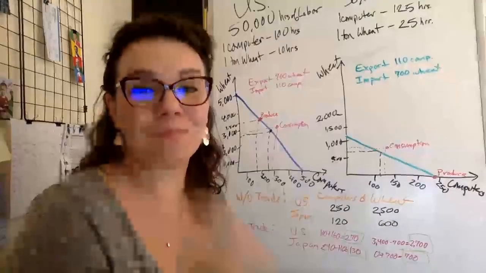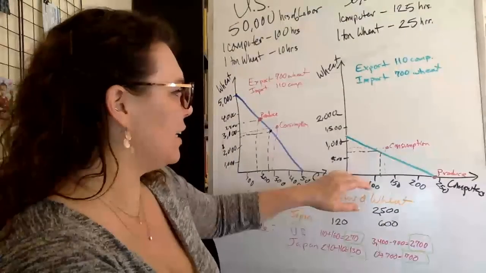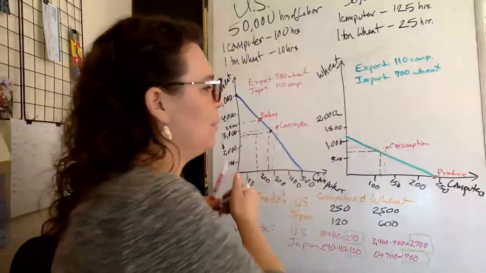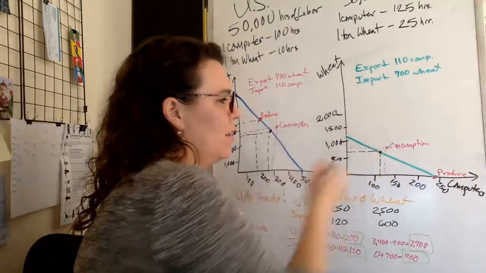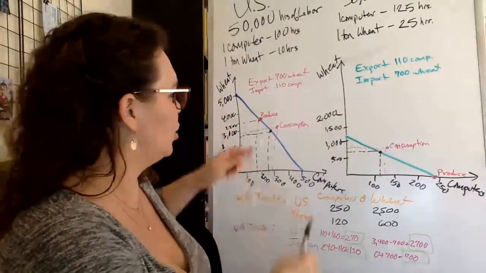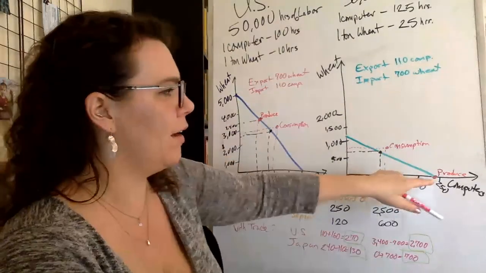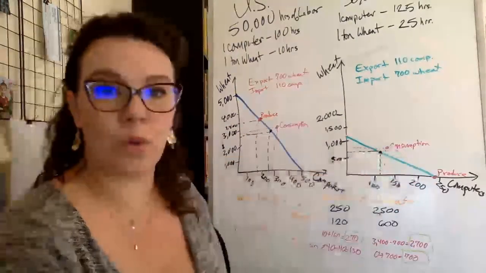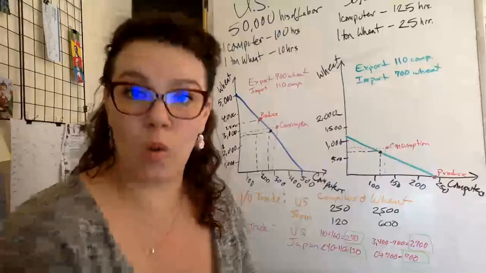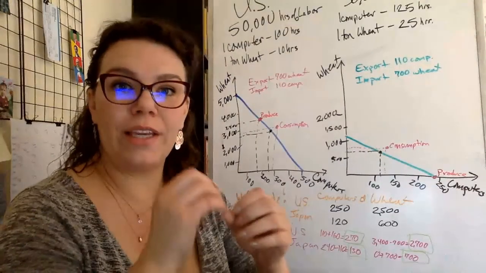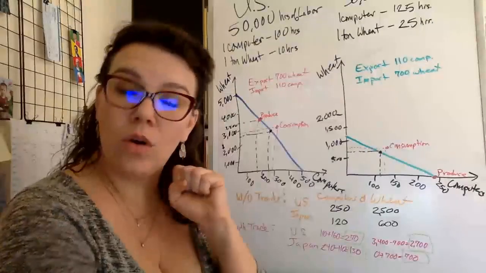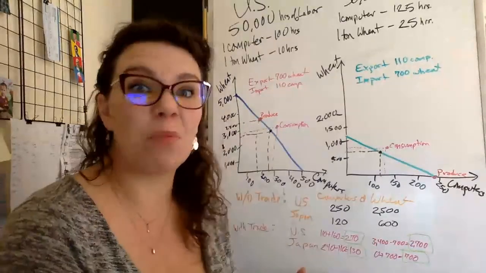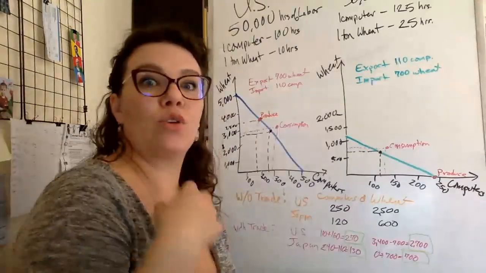Okay. So now we see our initial consumption points without trade, our production points with trade, and our consumption points with trade. So what do we get? We get specialization, where each country does something that they're better at than the other in a greater quantity.